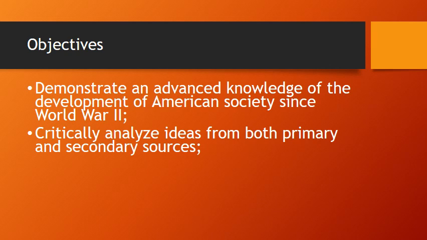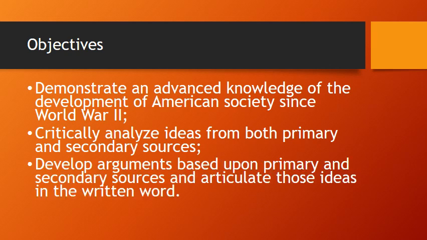And finally, we want you to develop arguments based on those primary and secondary sources and be able to articulate those ideas in a clear manner in the written word.